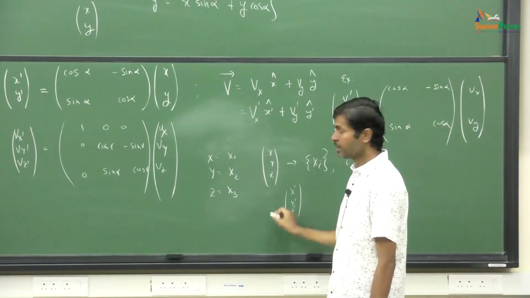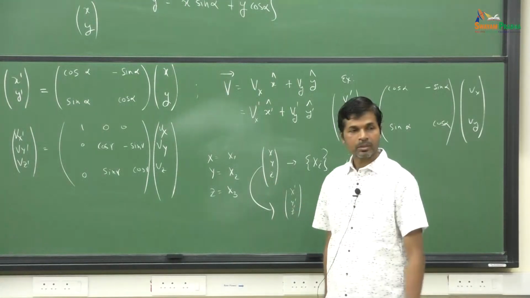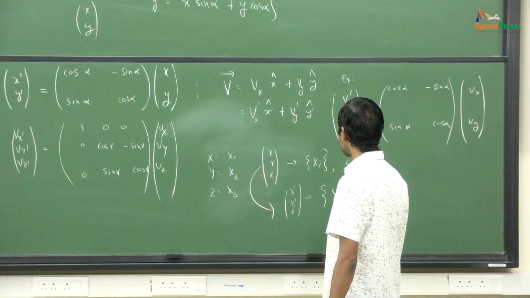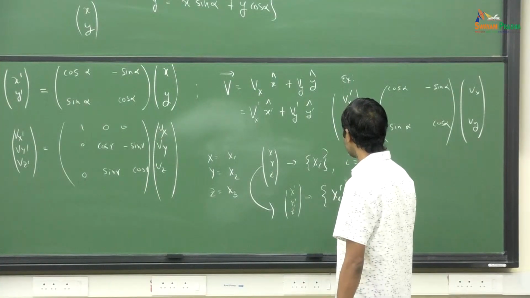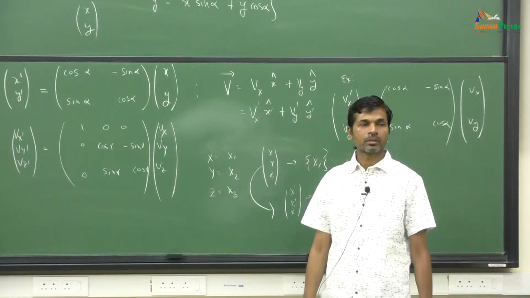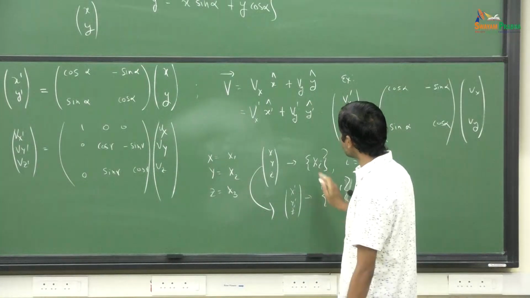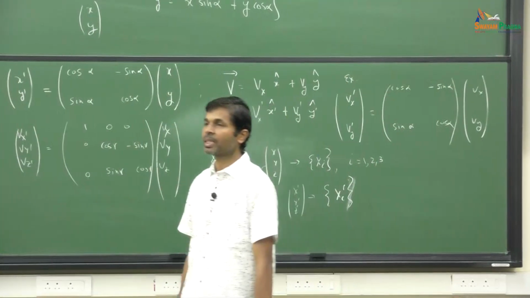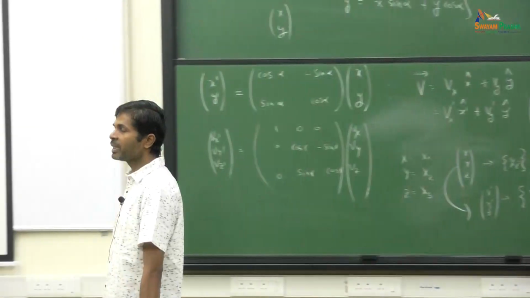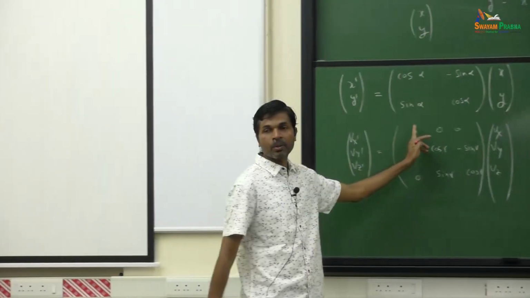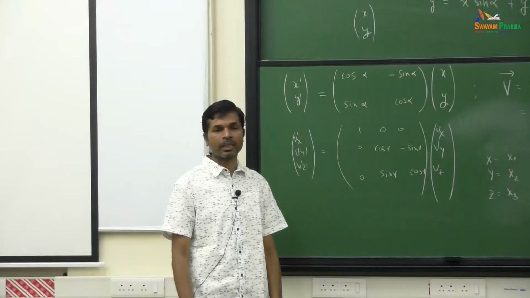So this is just some xi prime, right? And they are related among each other. How are they related? We don't know exactly how they are related. It depends, it's slightly more complicated. It's simple if I rotate it about the x-axis or y-axis or z-axis.